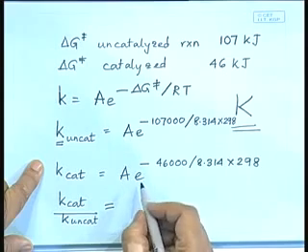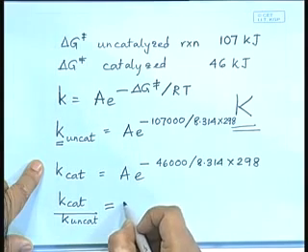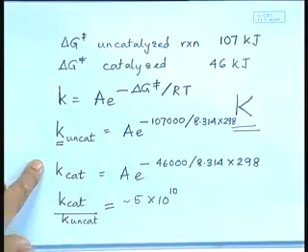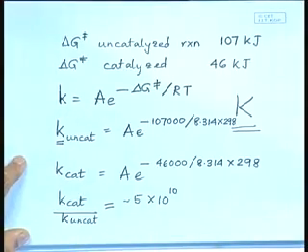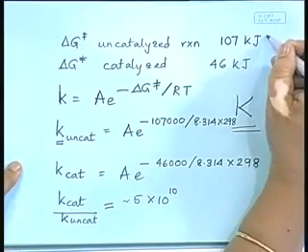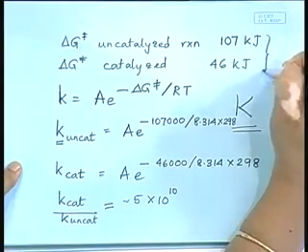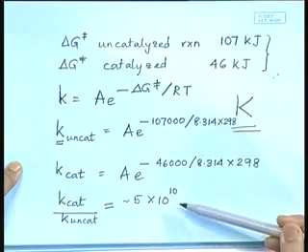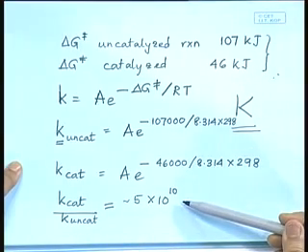It turns out that this is approximately 5 into 10 to the 10. So, what am I saying? I am saying that when I reduce this energy of activation, I have increased the rate 10 to the 10-fold basically, right.